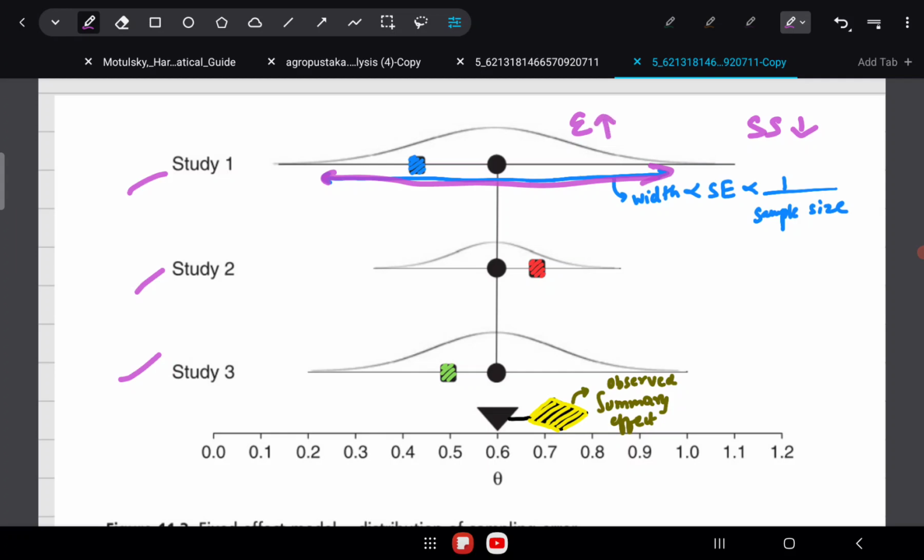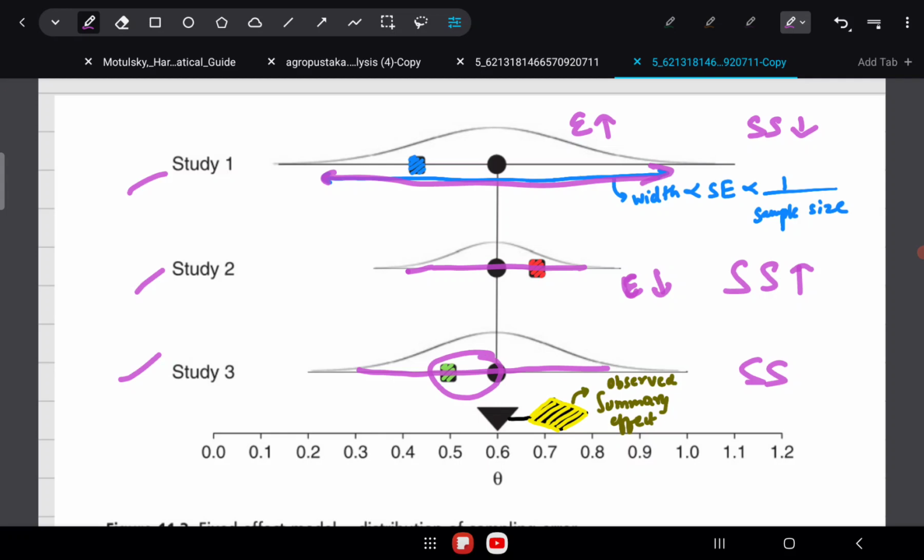But in study 2, because the sample size must have been larger, the width of the sampling distribution is smaller, and epsilon, the sampling error, is also smaller. Similarly, for study 3, the sample size is somewhere in between study 1 and 2, so the width of the sampling distribution is also in between, and the sampling error is also in between.